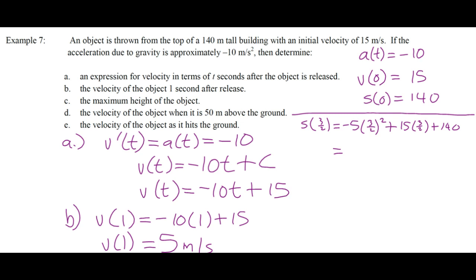So it'll be negative 45 over 4, this will be 45 over 2, which is 90 over 4, and this will be 140 times 4, which is 560 over 4. 560 and 90 is 650, minus 45 is 605 over 4, which would be 151 1/4 meters.